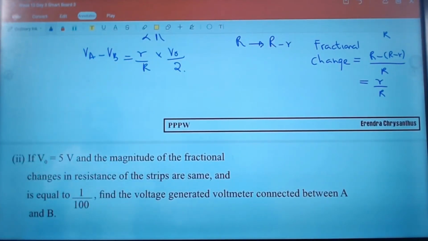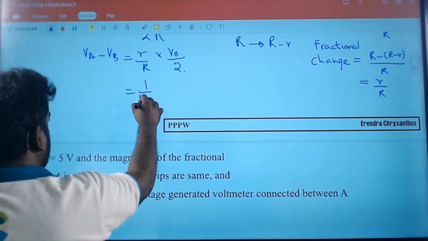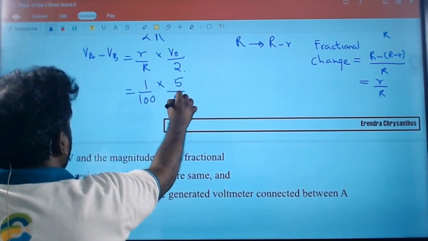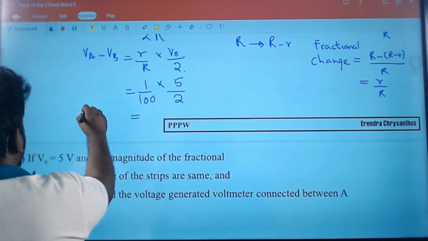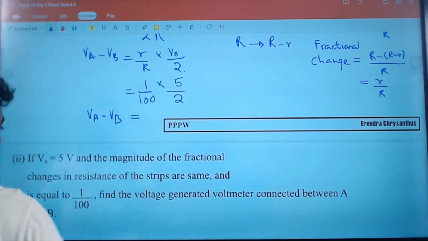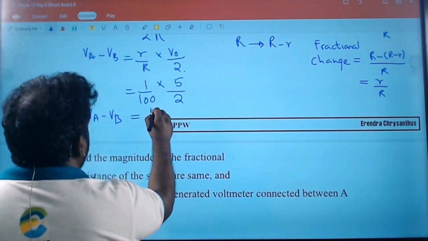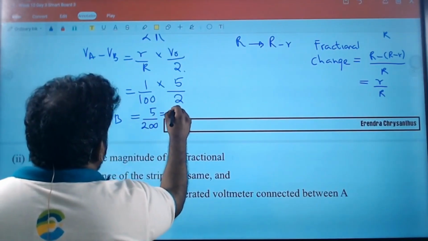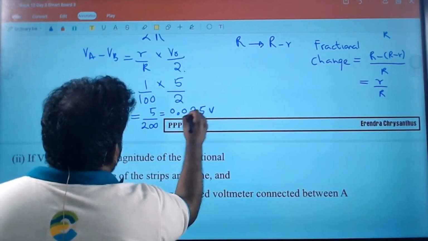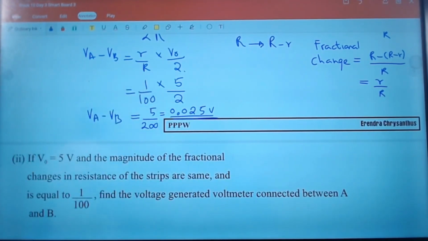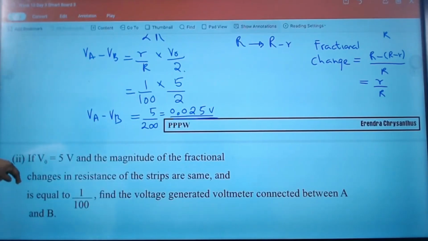If V naught is equal to 5, fractional resistance 1 over 100, how much is the potential difference between A and B? 5 divided by 200, 500 divided by 2, 0.025 volts. Right.